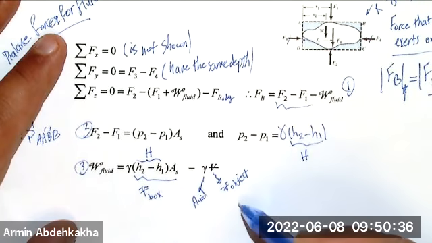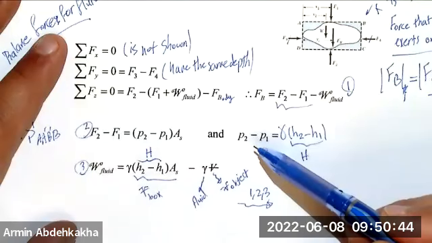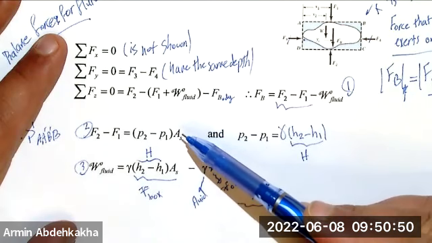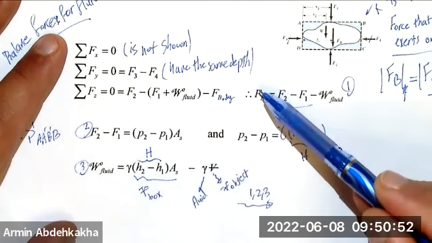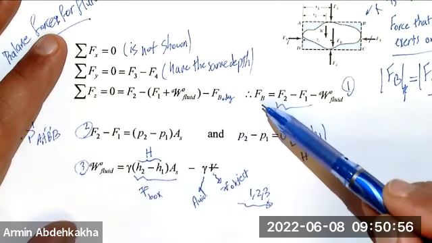So what's next? Using equations 1, 2, and 3, how are we going to use them? First, replace P2 minus P1 from equation 2, then replace F2 minus F1 in equation 1. And also replace equation 3 in equation 1. Why?